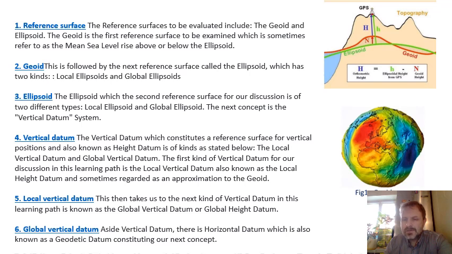In the colorful picture, you can see a geoid model with parts of our planet where the geoid surface is below, in blue, and above, in red, the ellipsoid surface.